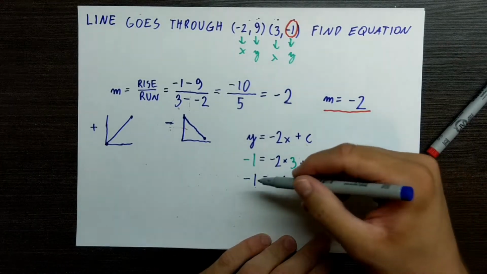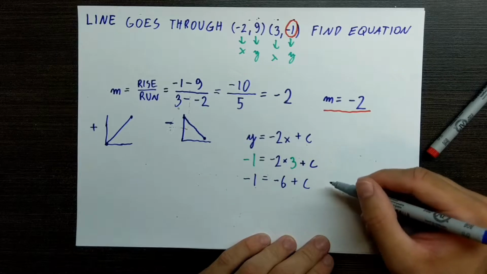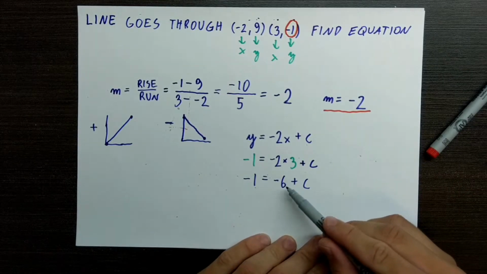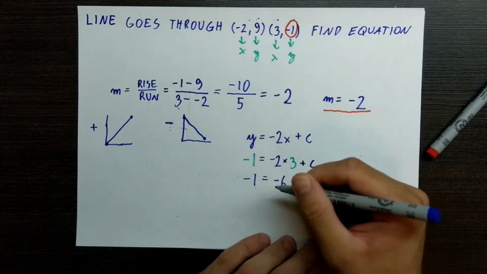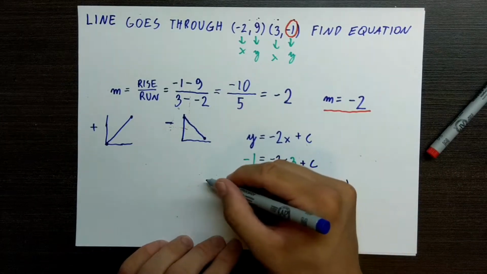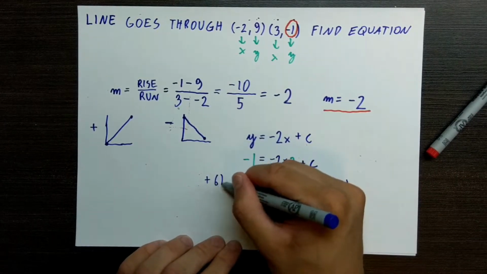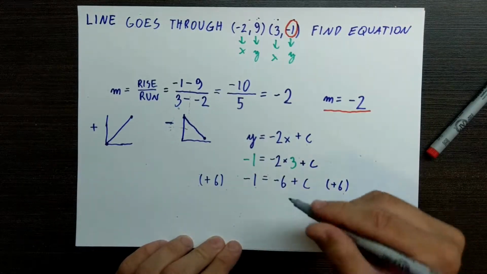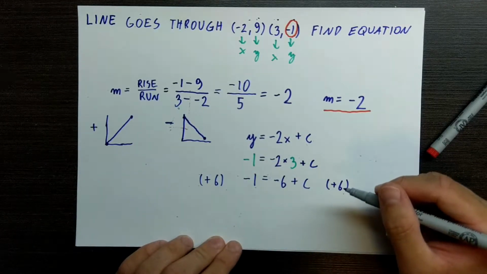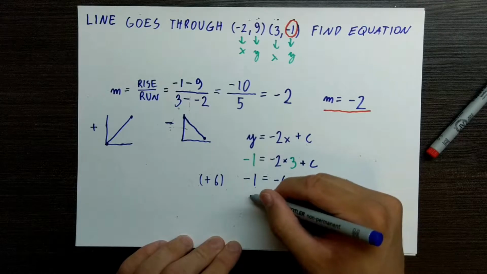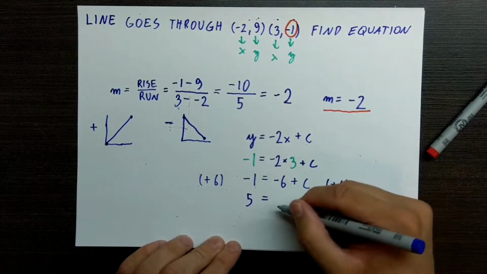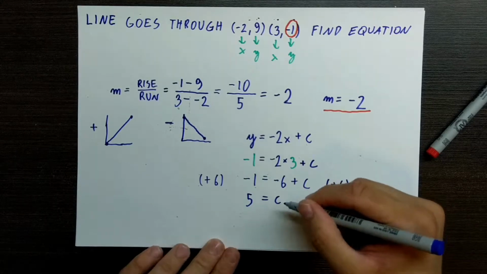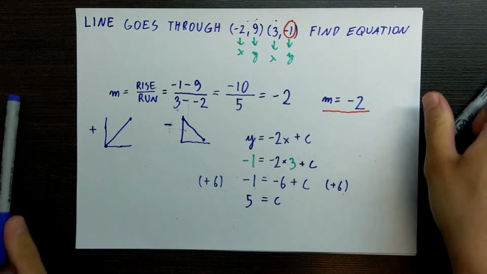Now, what we need to do is get rid of that -6. So we're going to do this by adding 6 on both sides of the equation using algebra rules. So we're adding 6 on both sides of the equation. So here we have now +5, and here this cancels out, so now we have c. So c is equal to +5.